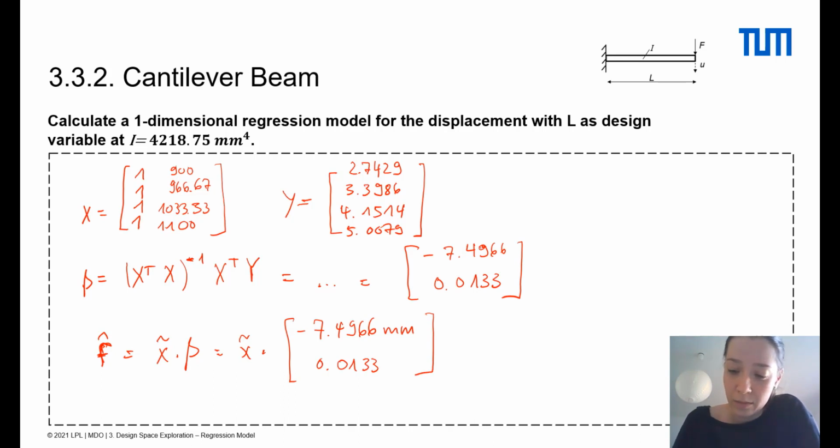X tilde, just to remember, is 1 and x1 in this case. Okay, so luckily we arrived at the same numbers for the coefficients as before. Well, of course it has nothing to do with luck. And we've written down the one-dimensional regression model, so for the displacement with respect to the length of the beam. And that's it for the regression model task.